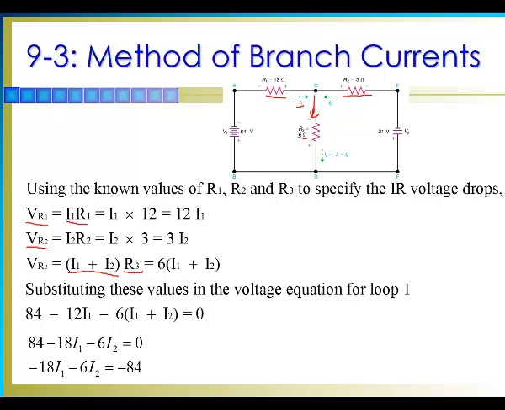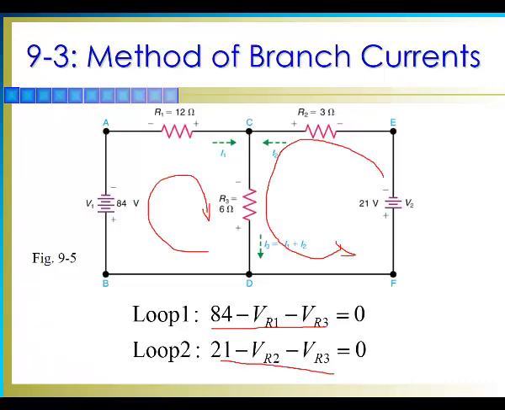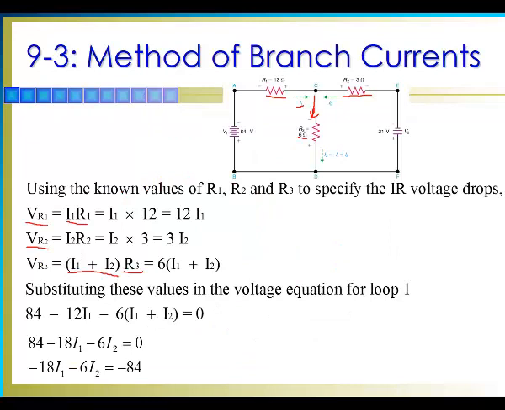Okay, then we're going to substitute these values in the voltage equation for loop 1. Remember, this is loop 1, this is the voltage equation right here. Instead of VR1 and VR3, VR1 was 12I1, that goes in here, and VR3 is now 6 times (I1 plus I2).